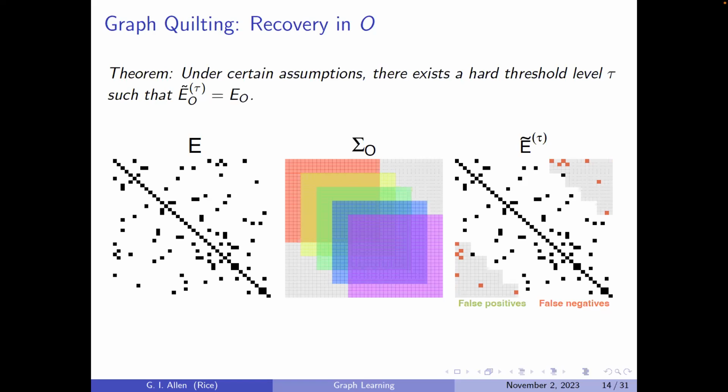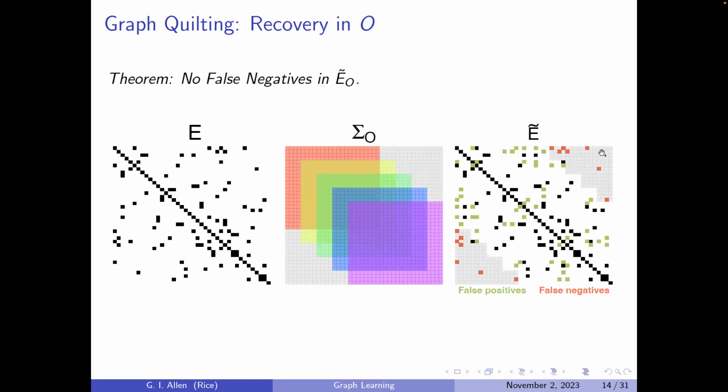If there are edges right here, let's go back one, in a node that was unobserved, it's going to produce false positives here that are typically small in magnitude if there are other pathways to get to that edge from this edge. So it has to do with graph connectivity. It's kind of a graph connectivity result.